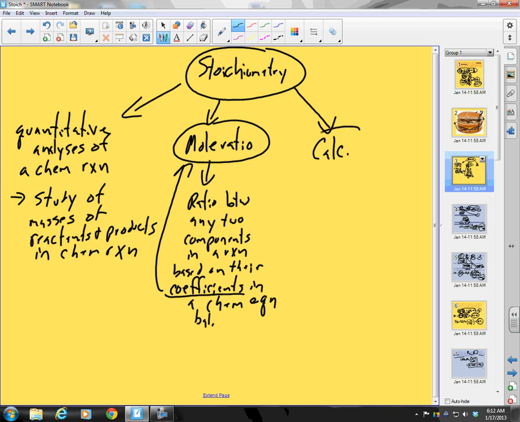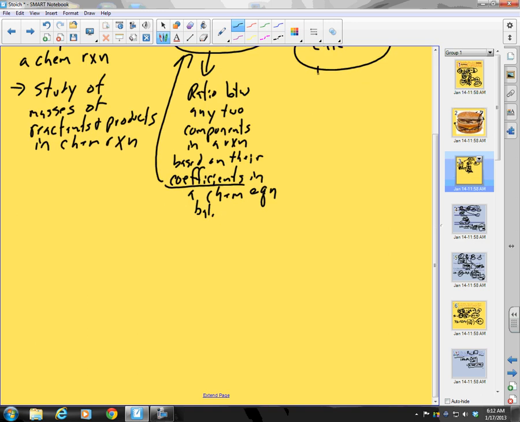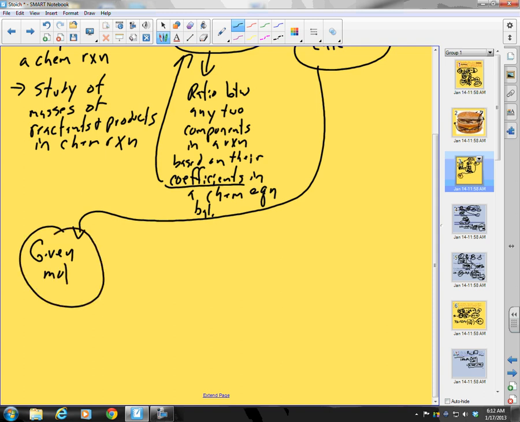Calculations with stoichiometry. I'm going to do this a little differently. I'm going to go with what's given. So let's say we are given moles. If we're given moles, what are we going to do? We're going to take moles of our given and convert to moles of desired.